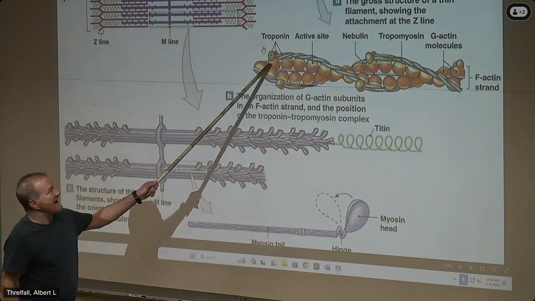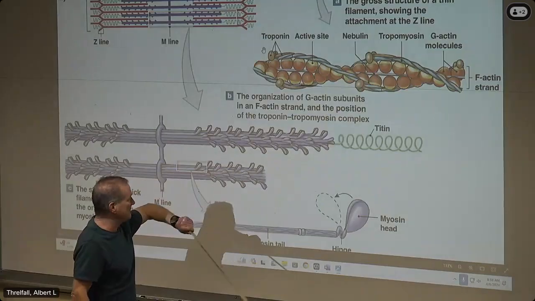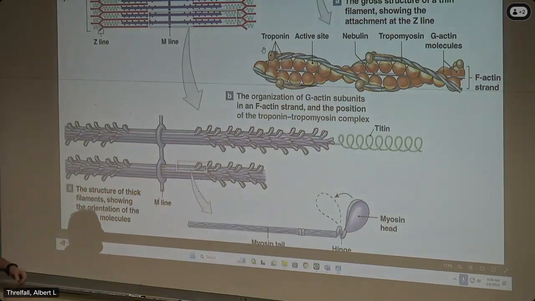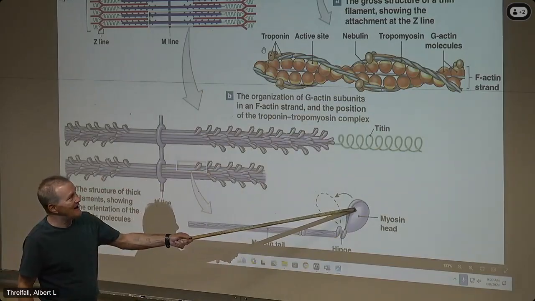Now here's actin. Don't worry about the orange versus the yellow. So the orangish, yellowish, spherical things constitute actin. And where on actin do these heads bind?